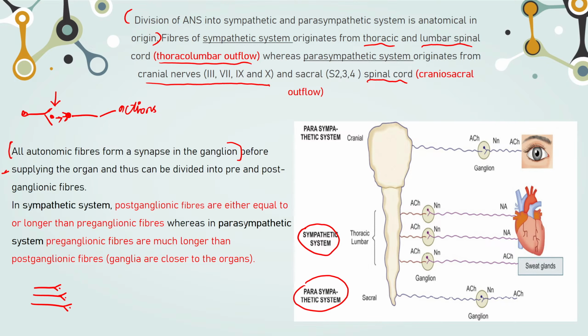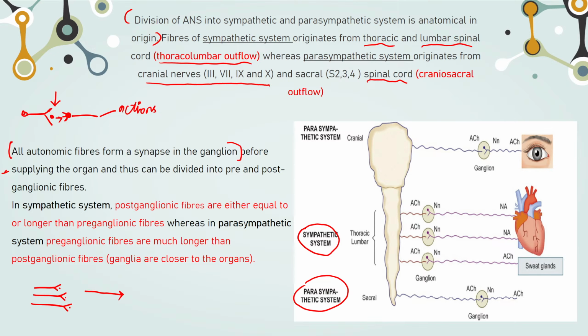Here they are organized, rearranged, processed, and then their messages from the neurotransmitter will be sent ahead. So a ganglion is like a collection of synapses, you can say.